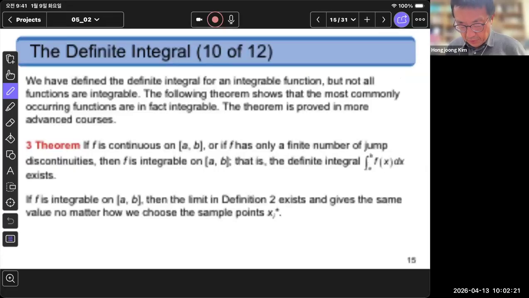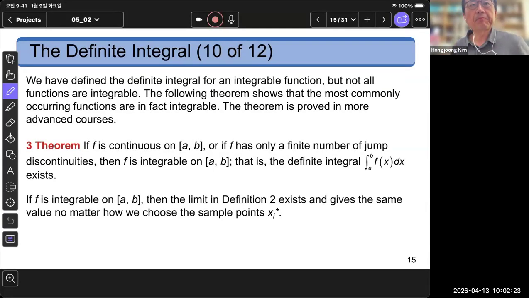Okay, and let me skip this one. So in theorem 3, we are not going to prove that, but if your function is continuous on the closed interval between a and b, or even if that function is not continuous, but it has only finitely many jump discontinuities, then your function will be integrable.